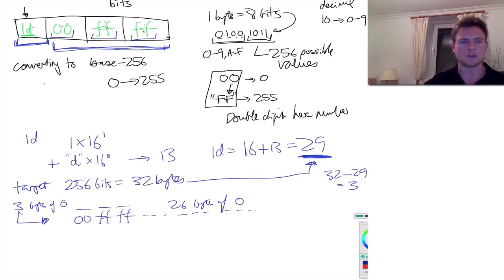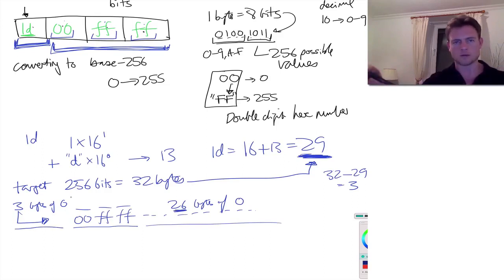You take whatever's in these values here and write them out, and then whatever's remaining from 1D is 29 bytes, so the remaining 26 bytes we pad out with 0, and then pad the front to 32 bytes because it's 256 bits in total, and that gives you your target.